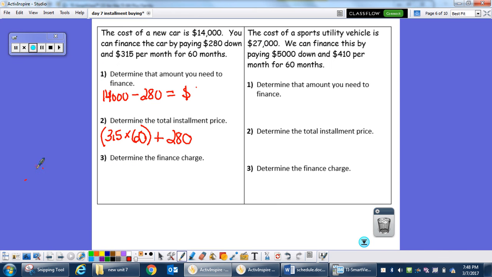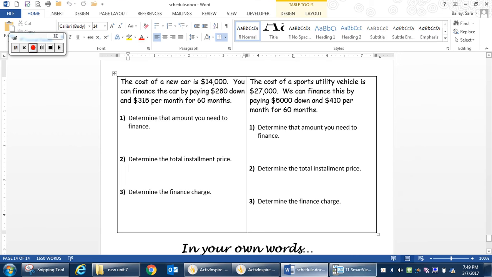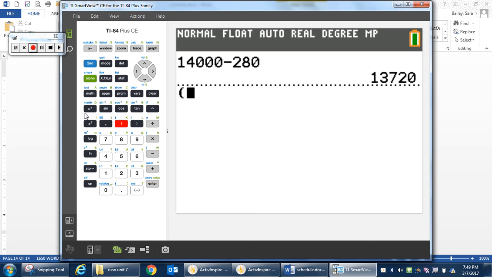Alright, so that is $13,720 is what we're going to have to finance. Okay? So then we're going to figure out the total amount we end up having to pay, and that's going to be, in parentheses, 315 times 60 months plus our down payment of 280.